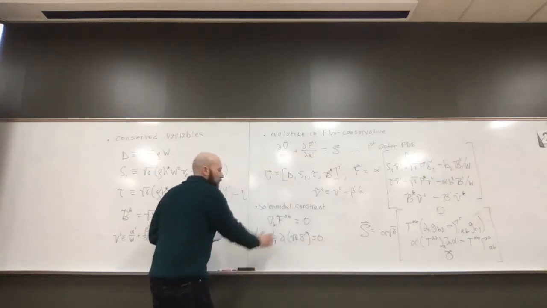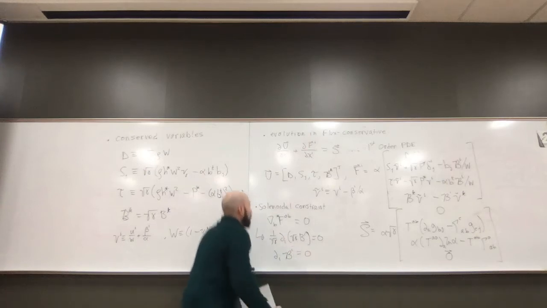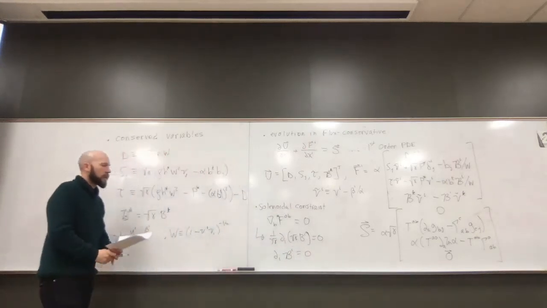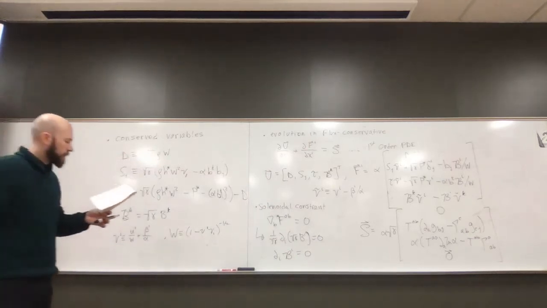Given my definition for script B, this is synonymous with the divergence of script B^i equals 0, which is just div B equals 0. That's all that is.